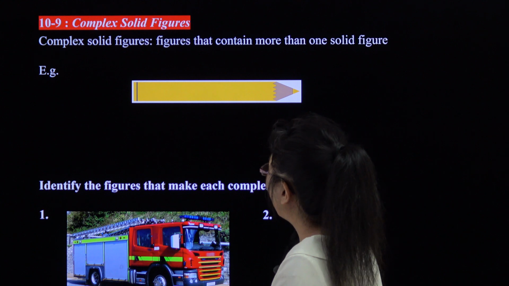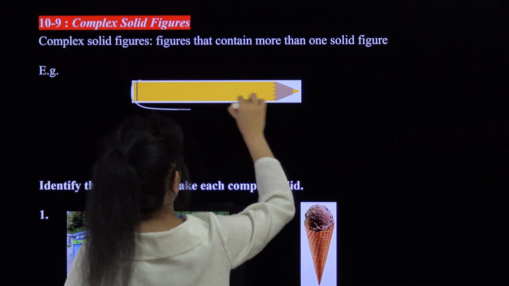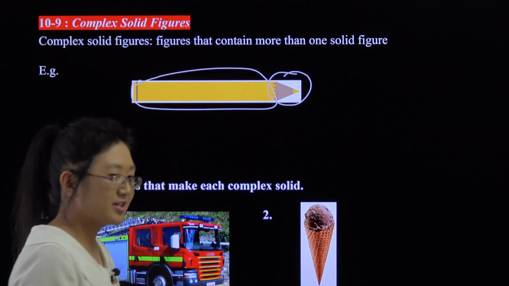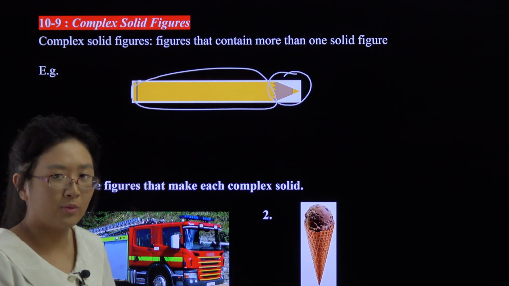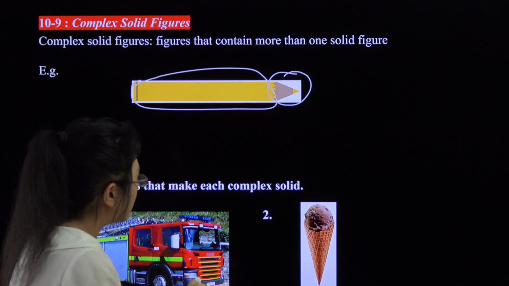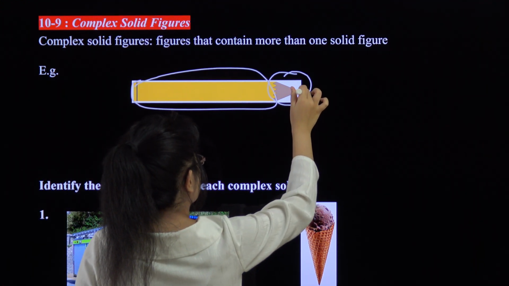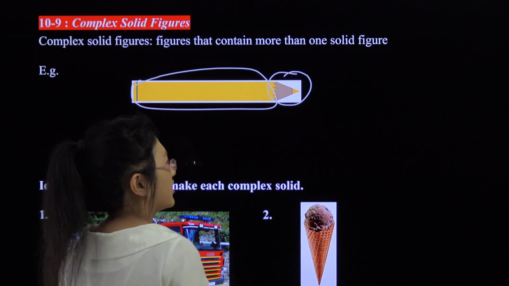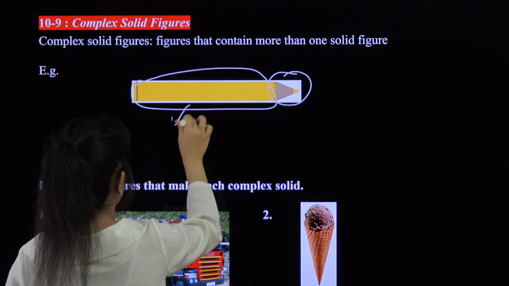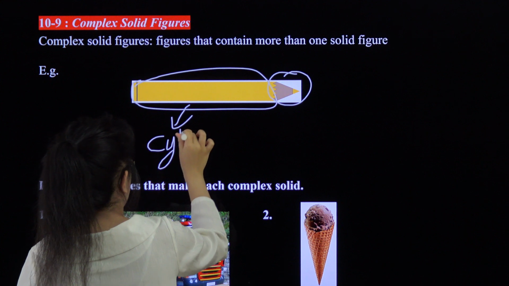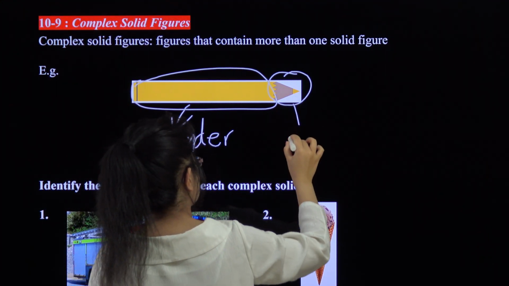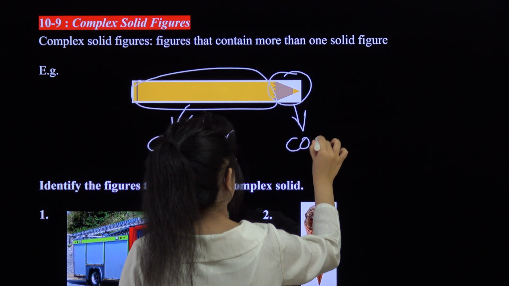A pencil has the cylinderish pencil part, and then the conical, yes, it's actually called conical, tipish bit. It's actually just a tip. Why am I calling it tipish? So this is the cylinder, and this is the cone.